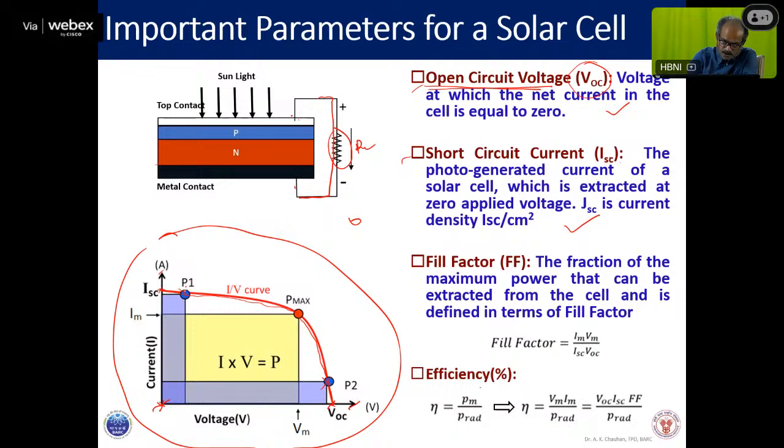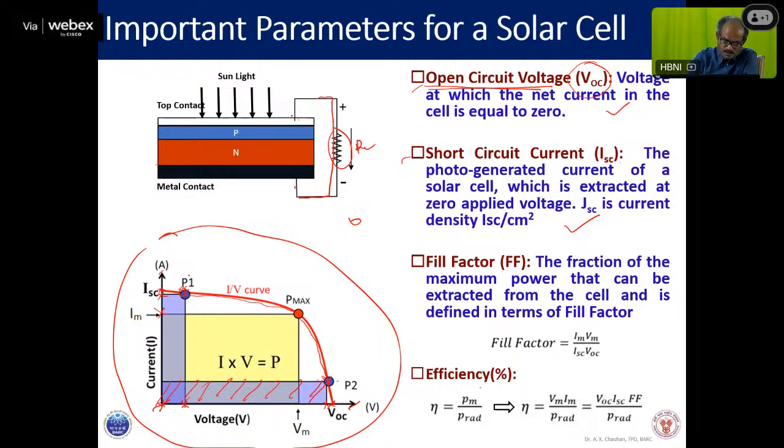Corresponding to this load, what is the power? It is this voltage V multiplied by this current. At this other point, what is the power? It is this much and this much. So it is exactly this area that is the power drawn at this point from the solar cell.